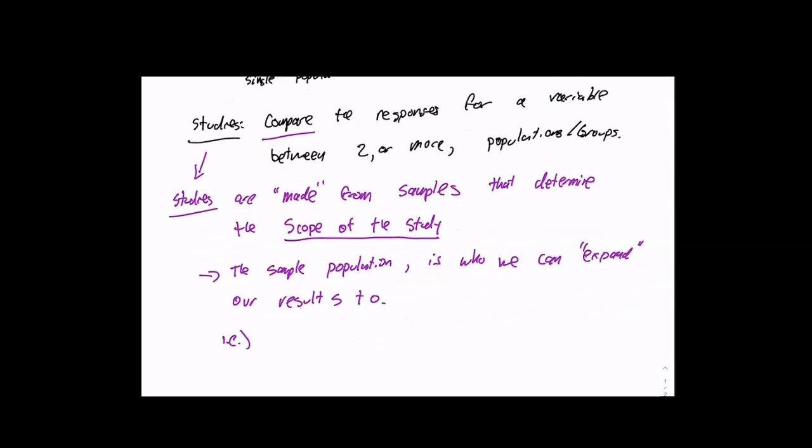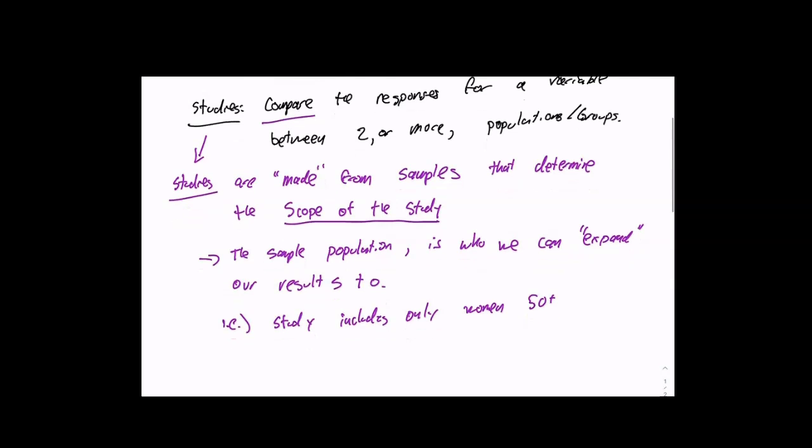For example, if my study includes only women 50 and plus, then the scope of the study is to women who are 50 years or older, who are 50 plus.